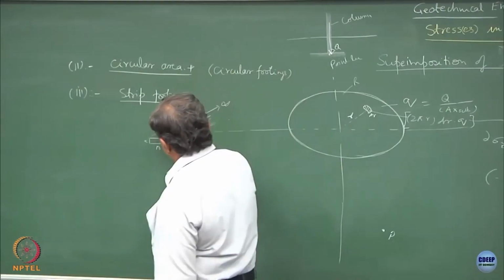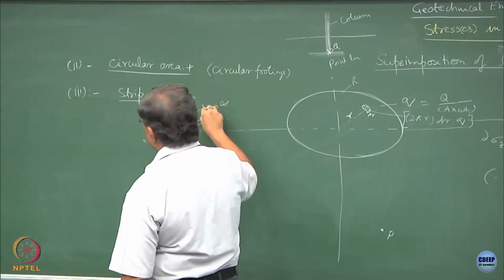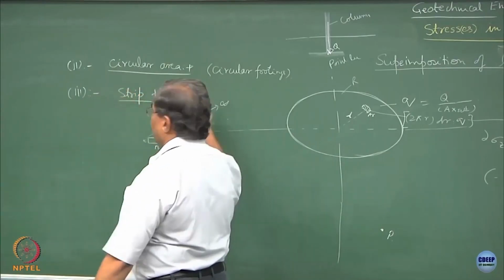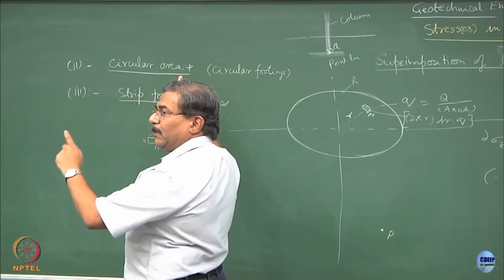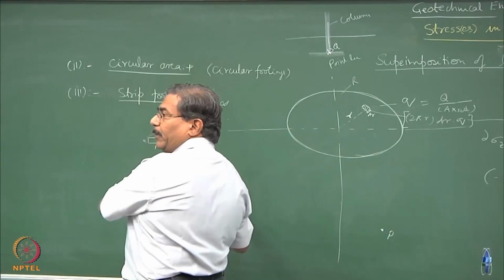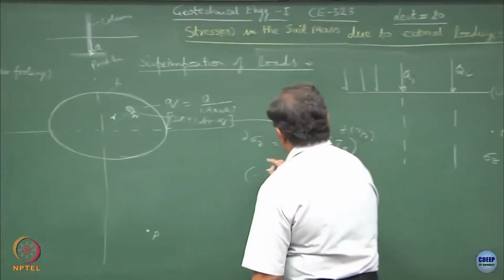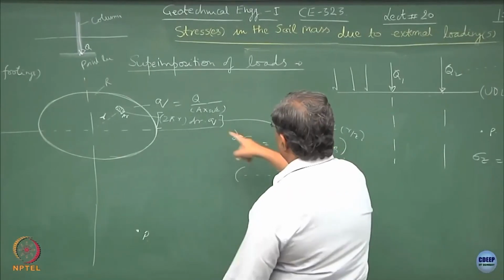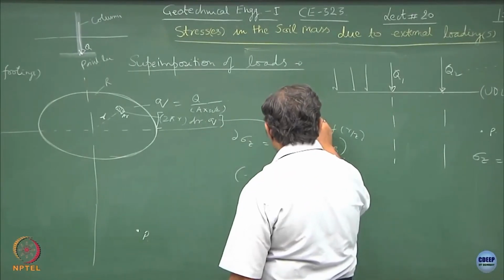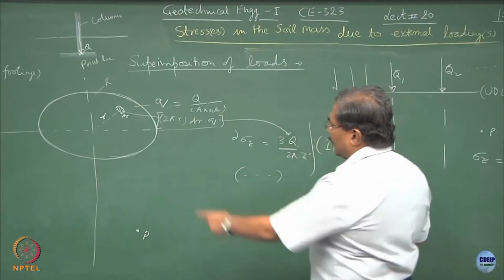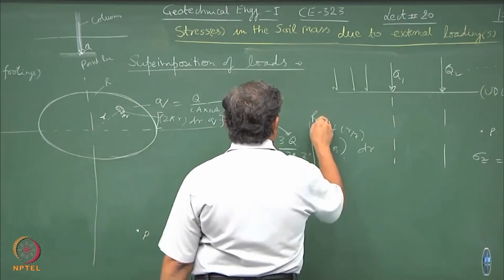You need not worry. Now this again has become a line load situation. Clear? So you can integrate over all intermediate Q values and find out the stresses acting at a point. What is going to change is, I hope you will realize, this dr term which comes over here, when you integrate it, this is going to be dr. So here r has to be from 0 to r.